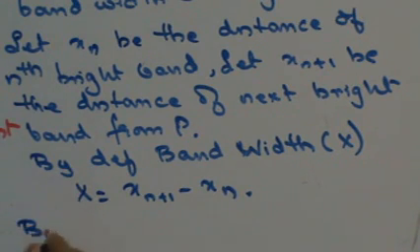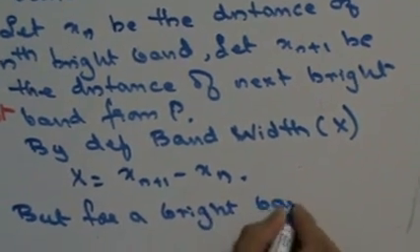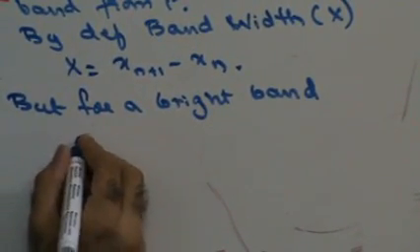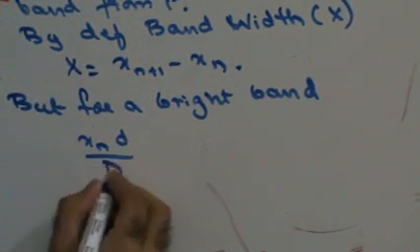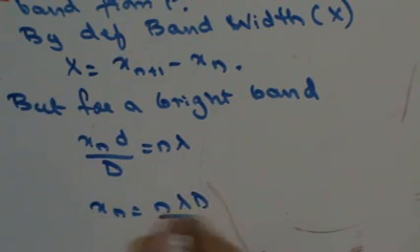But we have derived that for a bright band, xn d by D is equal to n lambda. That means xn is equal to n lambda D by d.